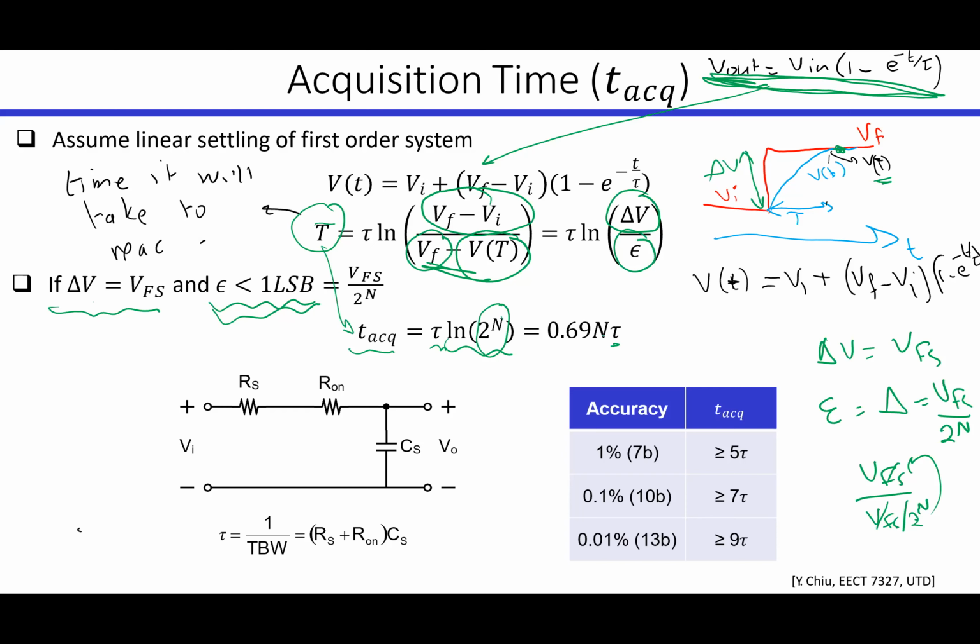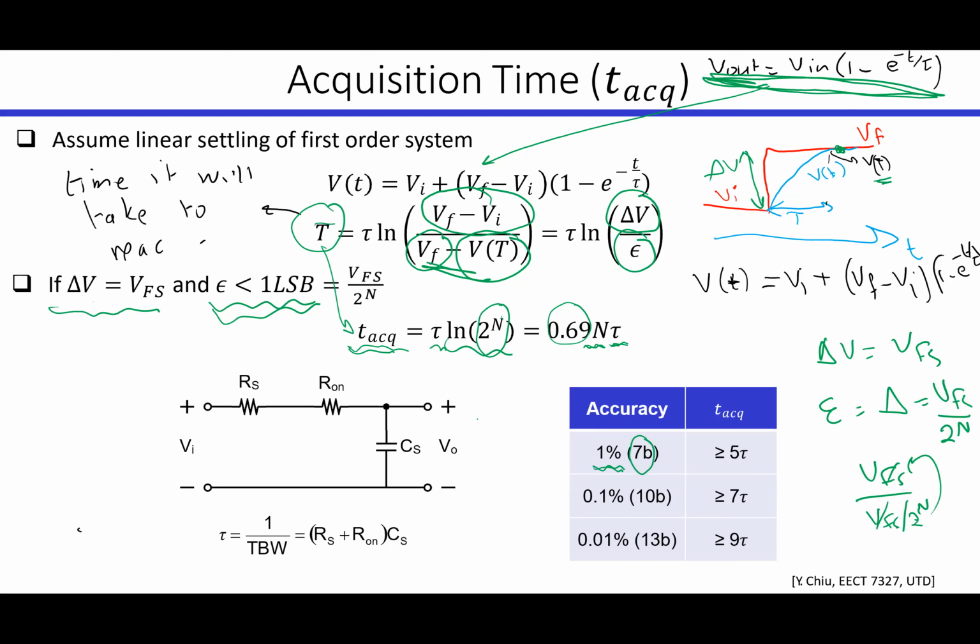Okay, now what did we get out? I mean, what is the takeaway here? The takeaway is basically that this T acquisition is going to depend on your tau and your resolution and this constant value. So now if you want, let's say, an accuracy of 1%, accuracy of 1% translates basically to 7-bit.